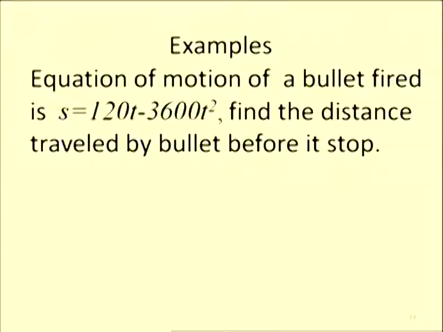The equation of motion of a bullet fired is s equal to 120t minus 3600t square. Find the distance traveled by the bullet before it stops. So exactly we want to know how far the bullet will travel if we fire it.